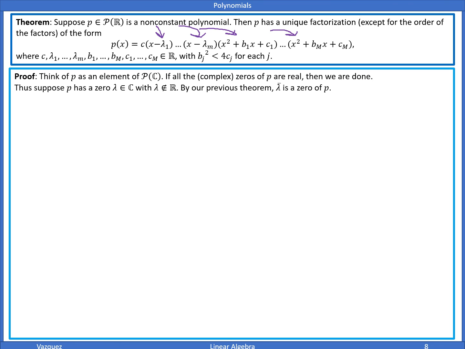So now we're going to suppose that P has a zero that's a complex number and not a real number. So by our previous theorem, the conjugate of lambda is also a zero. So that's where we get that we can multiply x minus lambda, x minus the conjugate of lambda.